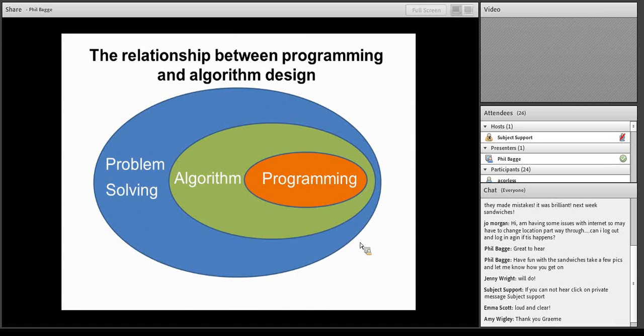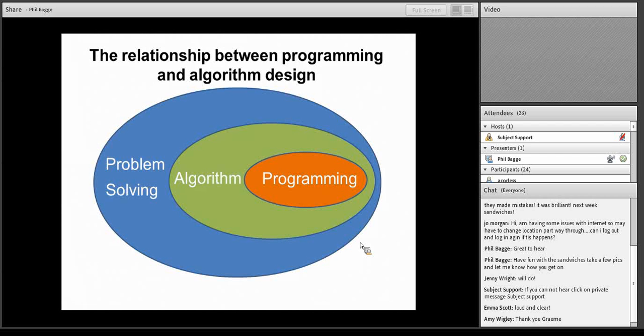And they also understand a little bit about programming, that you're making something happen through step-by-steps. And I think it's worth saying that all successful programs are also algorithms. So when your children use a programming language, they are also creating an algorithm at the same time.